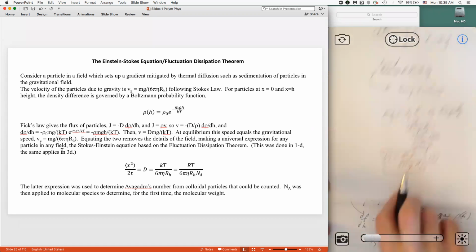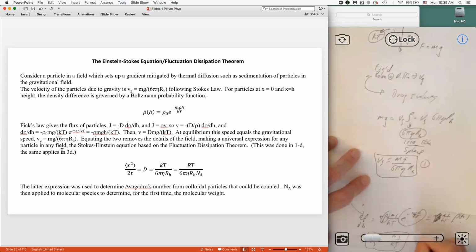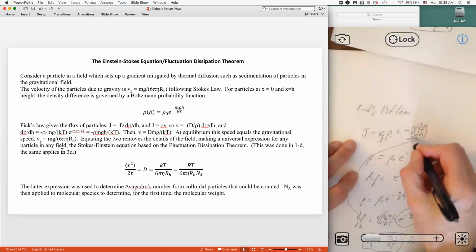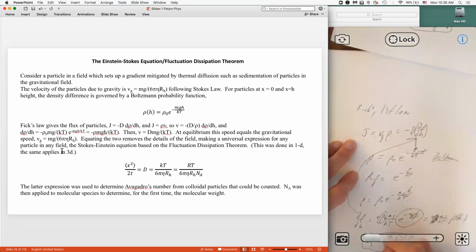And then we had before, that's kind of number 2, that Vg is mg over 6 pi viscosity times rH. You have an mg common to this, then you have kT, and then this Vg, somewhere I put the diffusion coefficient here. It's D times rho over h. So there's a D in here.